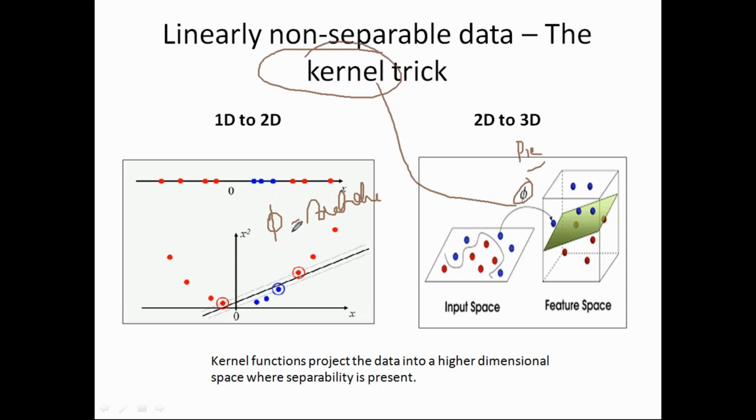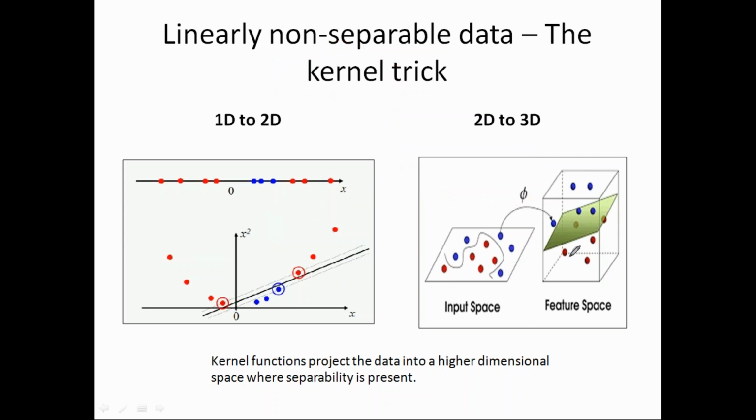In machine learning SVM language, these functions which are used to project the lower dimension into higher dimension are themselves called kernels. So there are different kinds of kernels: Gaussian kernel, polynomial kernel, radial basis function kernel.